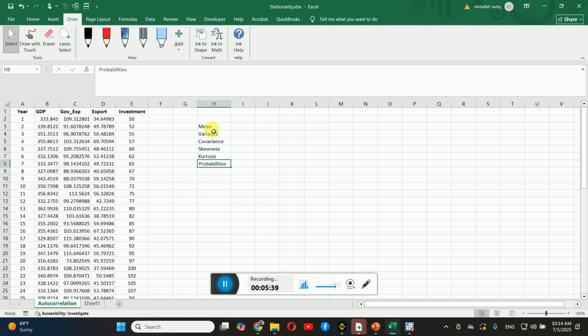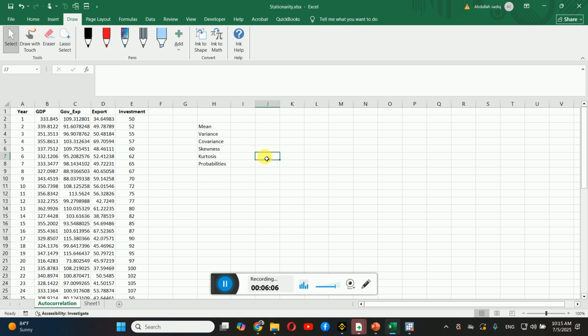But when you are only concerned about these three, which is mean, variance, and covariance, it means you are just checking for weak stationarity. And keep in mind, dear students, for all statisticians in research, generally weak stationarity is acceptable. Why? Because it's really hard to check the stationarity for all of these statistical characteristics, right? So now when we are talking about stationarity, we are just talking about these three characteristics.